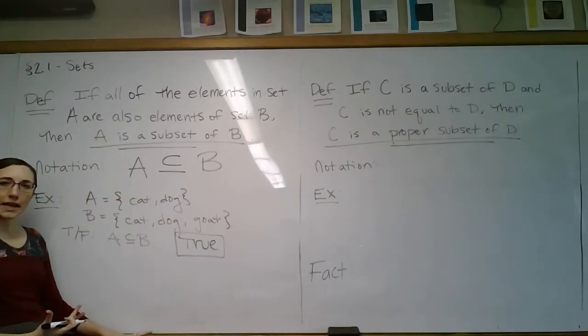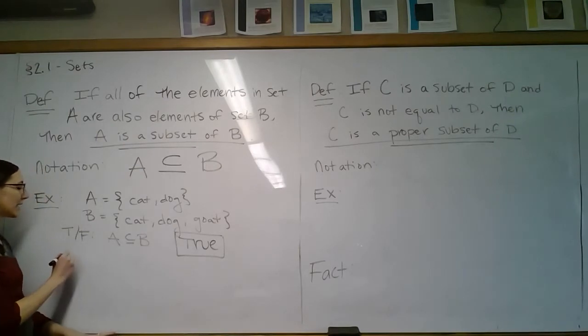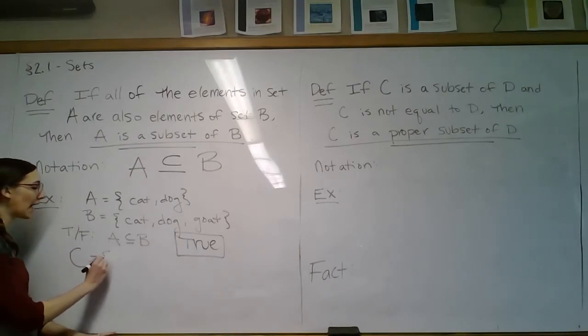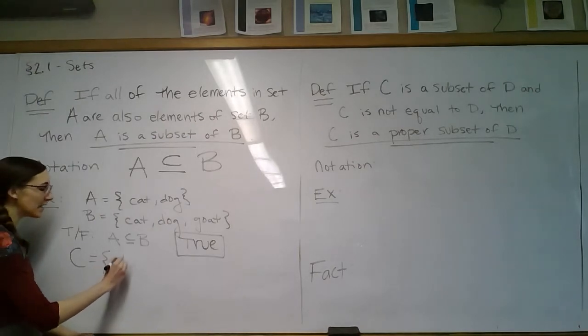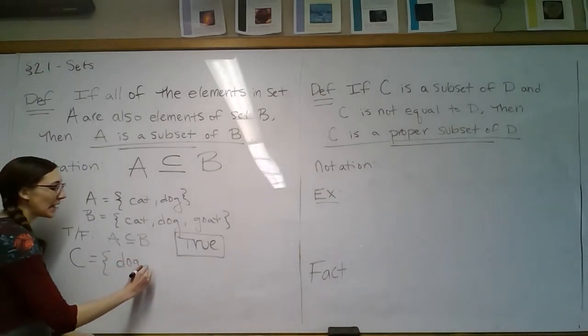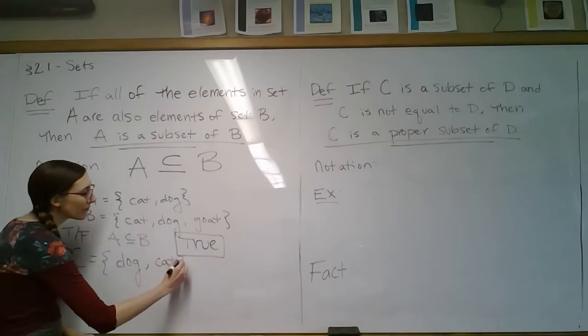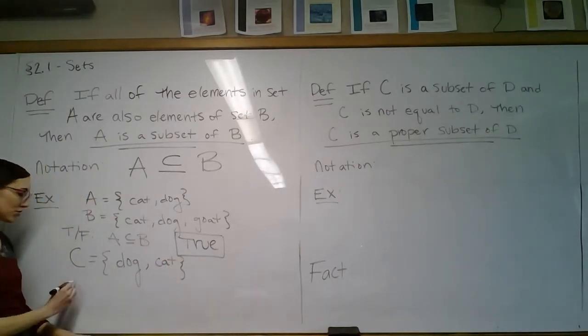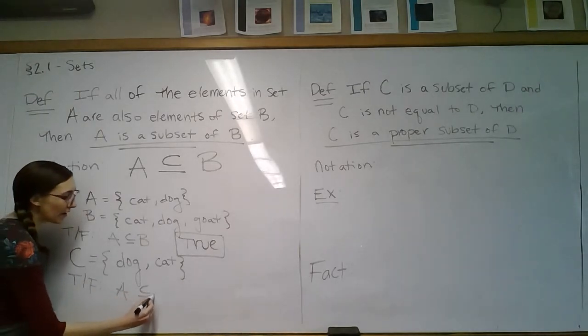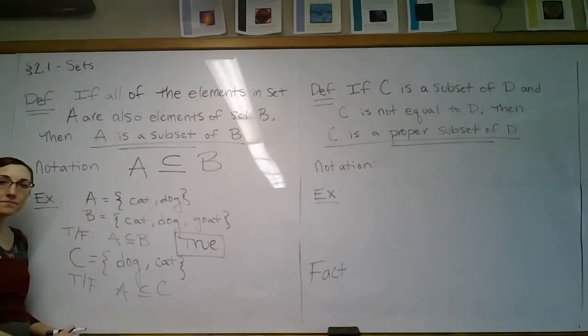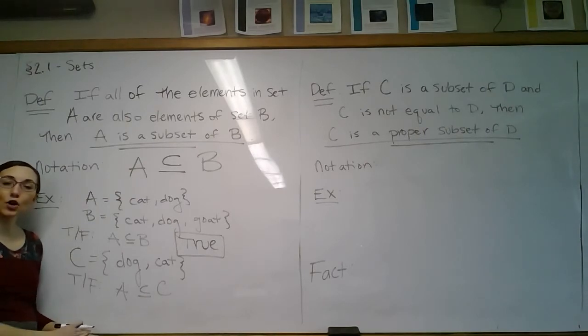Now, an interesting example that we could look at is, what if I have C as the set that contains dog and cat? We could ask true or false: is A a subset of C? Well, again, we would go back to the definition of subset.